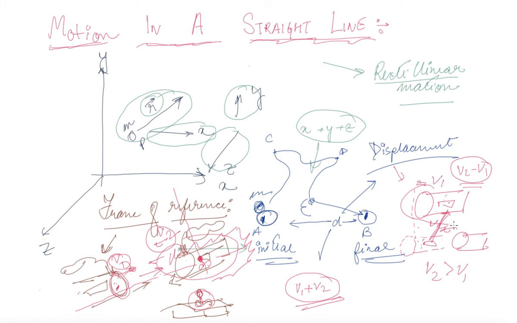In real life, this is not happening. All of them are moving with their exact same velocity. So the difference is because of the relative frame of reference and relative velocity. So for him it is a different scenario, and for a person who is sitting outside this system, he sees that this one is moving with the velocity v2 and that one is moving with the velocity v1. So this is what we can understand by frame of reference.